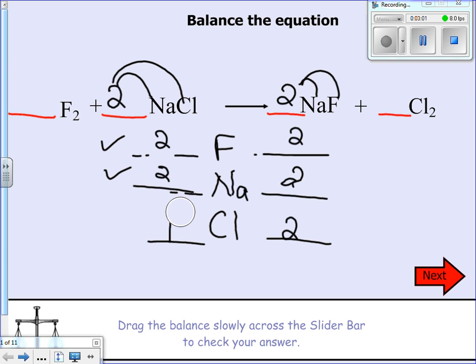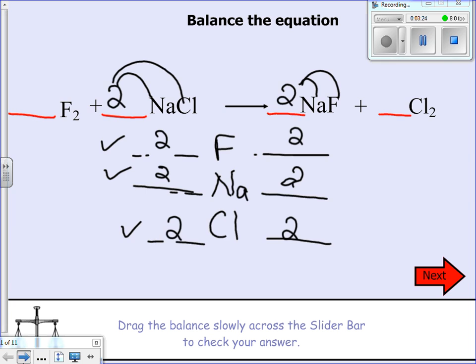And on the product side, we also have 2 chlorine. So now chlorine is balanced. We do not write in ones. Ones are always understood. So now we have a balanced reaction.